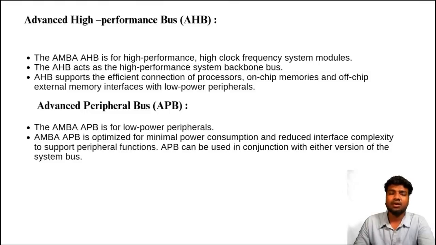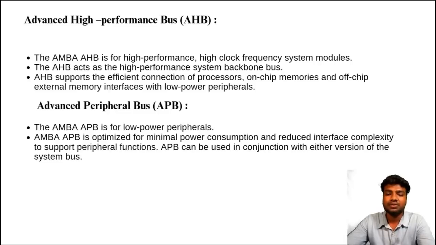Let's see what these protocols are. AHB, Advanced High Performance Bus, as the name itself says, has high performance. It uses a high clock frequency, so it performs speedily compared to APB. That's why it's called a high speed protocol.